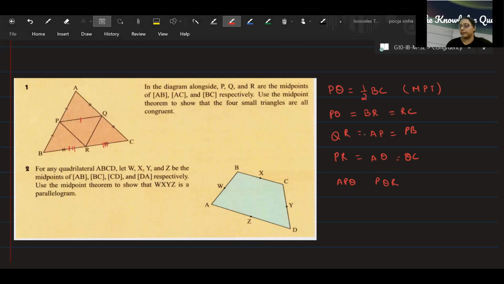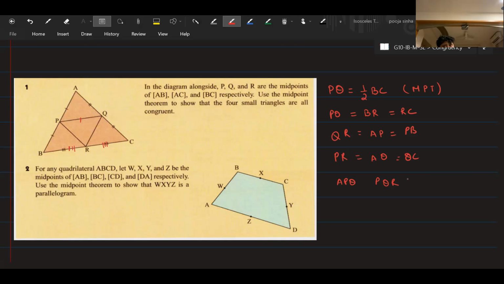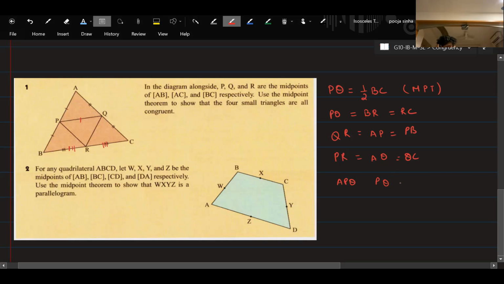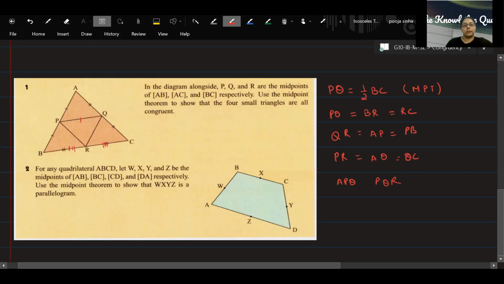Yes. Okay. So, since we derived that lines PR, AQ, AP and QR are all the same, हाँ, and they share a line in the middle, which means that PQ is equal to PQ.